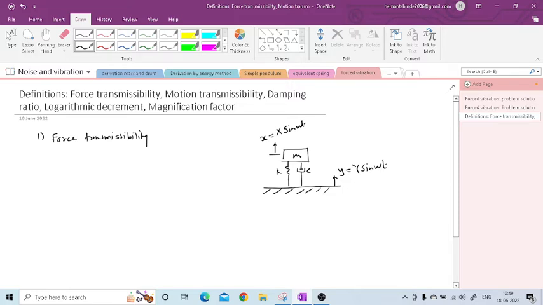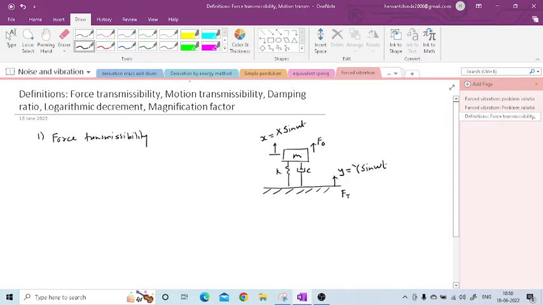The force which is acting on this system, I will consider as F0. This F0 force is acting on the system, and because of that this system is vibrating. Then this force will be transmitted to the support, and the force transmitted to the support will be Ft.